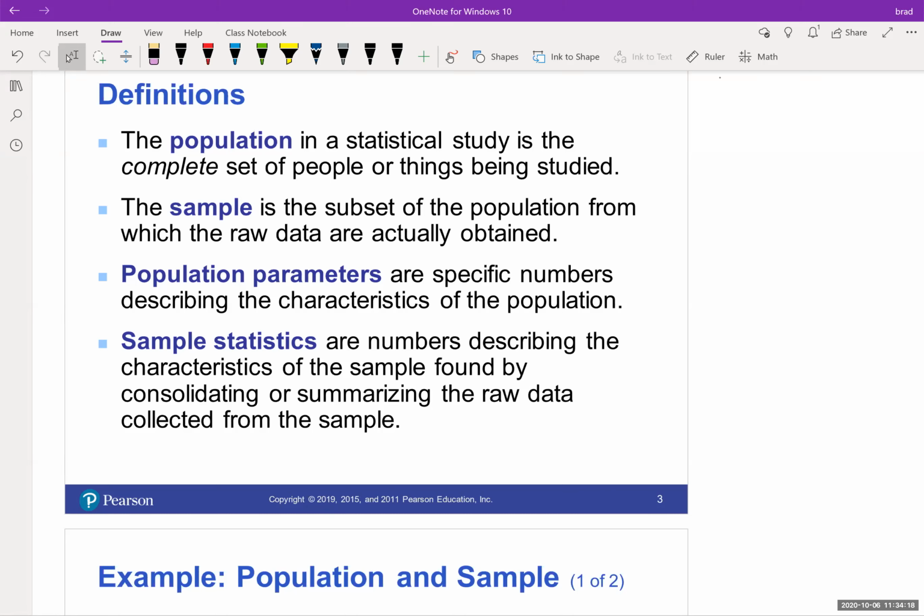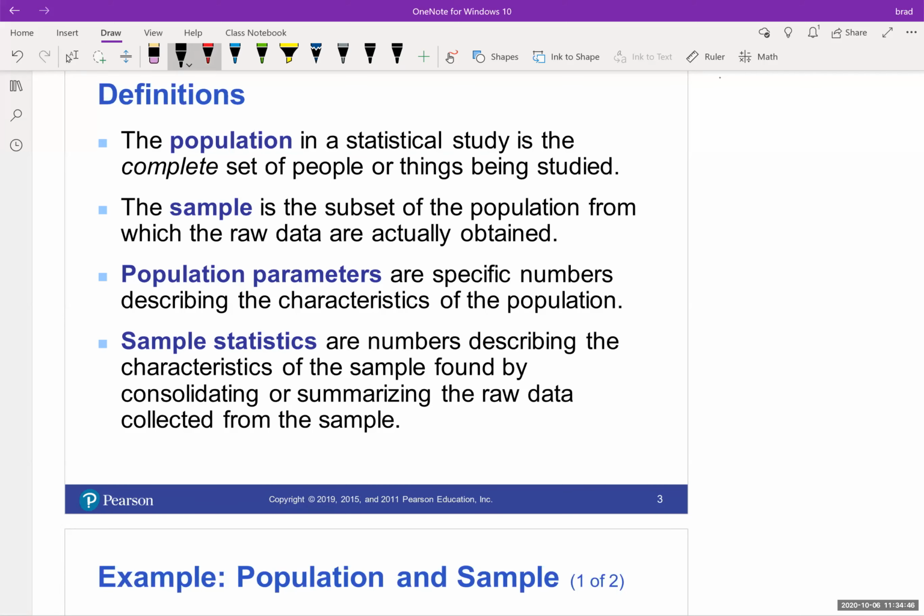You could say, well, the United States is not the entire world. So technically the United States babies being born is a subset of the world's babies being born. You see how it could be either? So that's why we'll try to make it pretty obvious. Whenever they use the words like all or the entirety or the entire, they're normally wanting you to think of it as a population. Okay, so population parameters are specific numbers describing characteristics of the population.